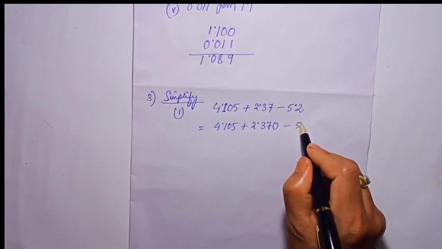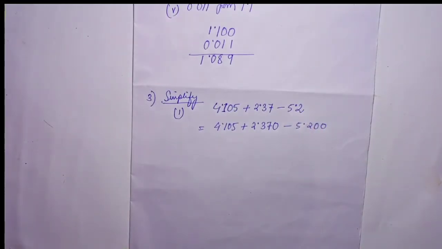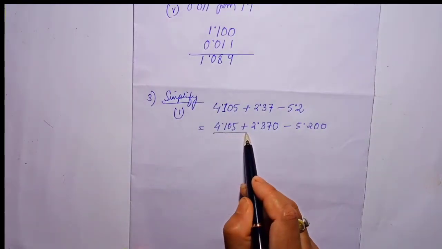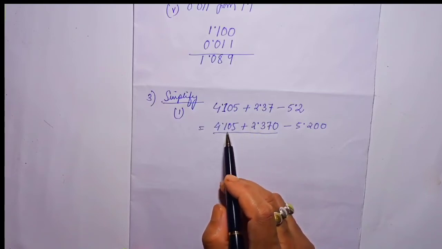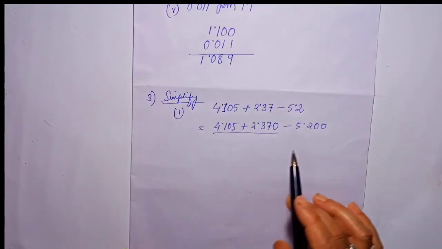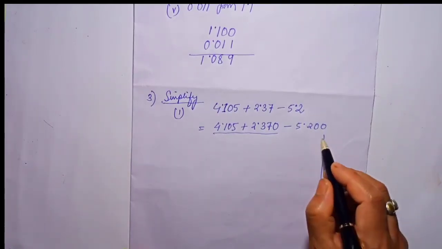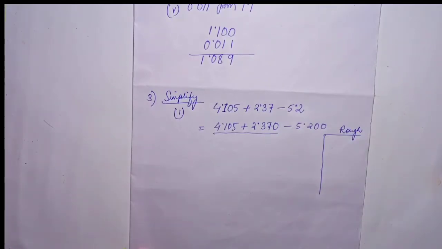Here 5.2, we are going to make 5.200. Now see, first of all you add this. After adding this, from the sum you subtract this. You can do this in rough, you can try this in rough, and directly put the answer.